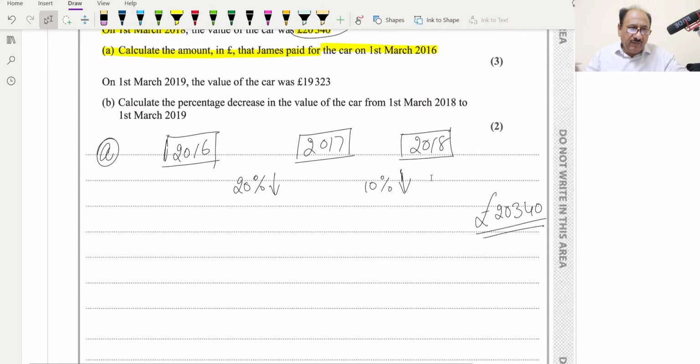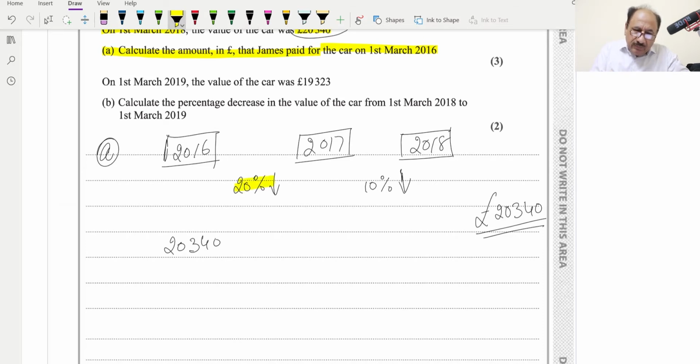Now, this is basically a reverse percentage question. We have to start with this amount and reduce it by 10% and 20%. So we take 20,340, and it will first be reduced by 20%.